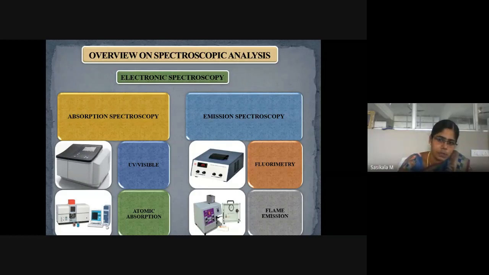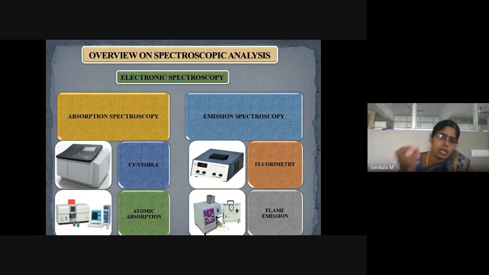Below, whatever spectroscopic analysis is given is based on electronic spectroscopic analysis. In that, there are two types, absorption type and emission type. What is absorption? Here the electromagnetic radiation is absorbed by the sample, that is the analyte, what you are going to analyze. The sample, either drug substance or drug product, will be absorbing the radiation for its analysis.